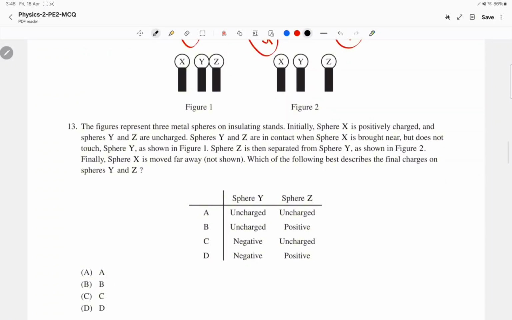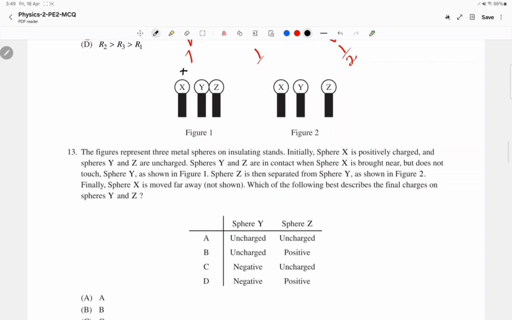Question 13 here. So here we have two figures, but we have three insulating stands with three spheres. So initially, sphere X is positively charged. And spheres Y and Z are not charged.